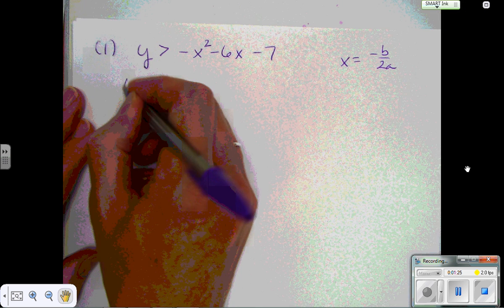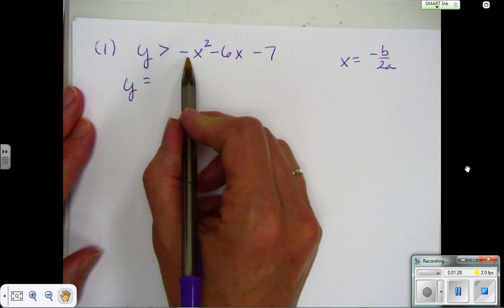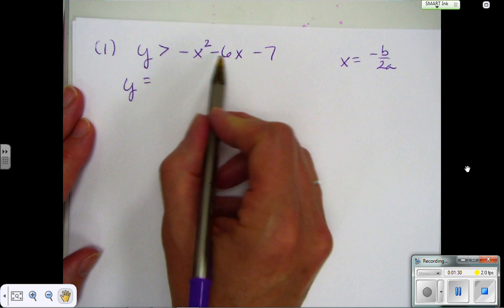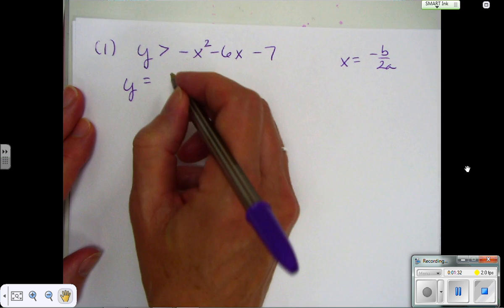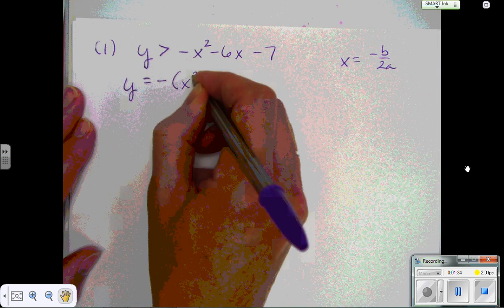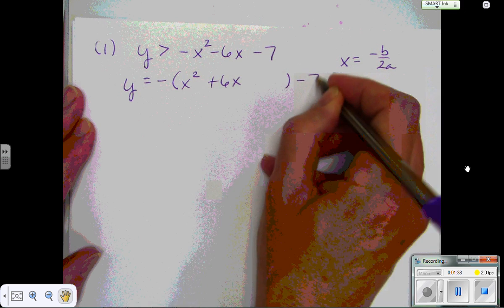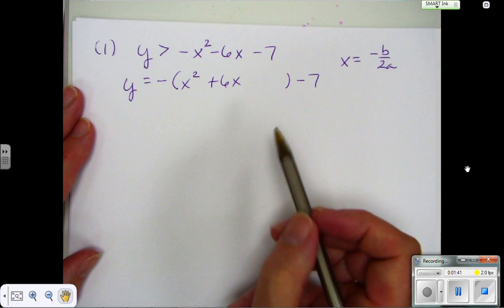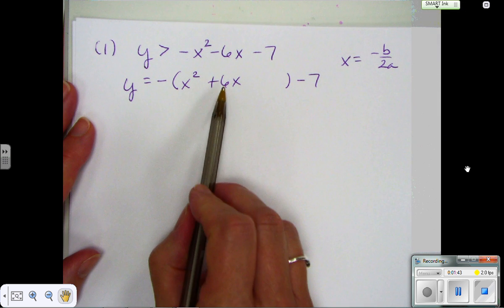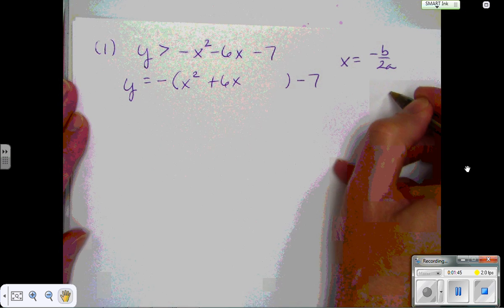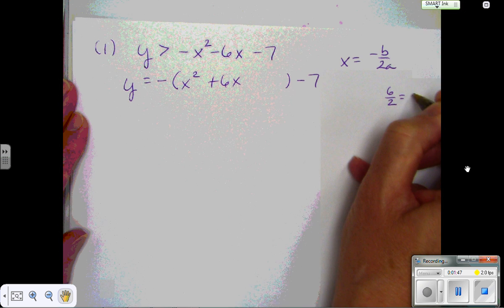So first I want to take the negative 1 out of my first two terms, my quadratic and my linear term. So everything is going to be positive now. And I'm going to keep that minus 7 outside the parentheses. Now I'm going to take my linear coefficient, which is a 6, divide by 2, and square it.